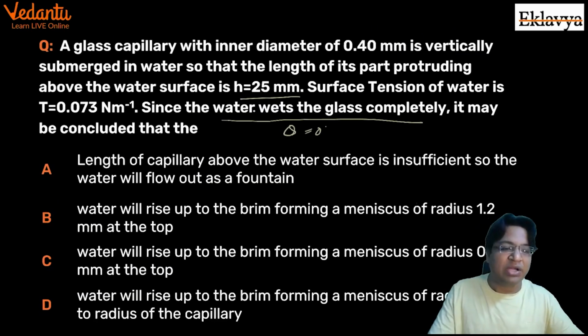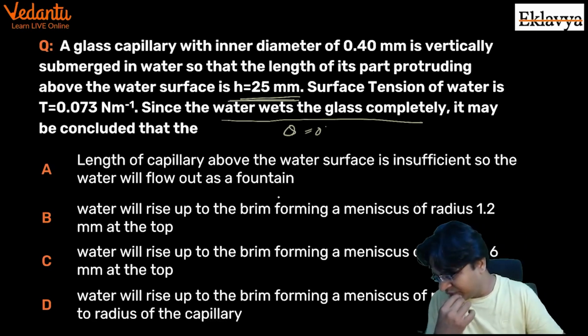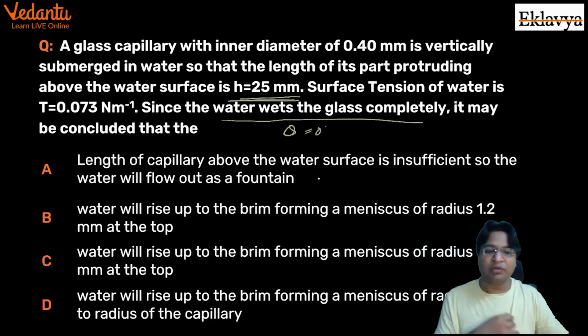All right. Now the part protruding is less, it is only 25. So let's read the options now. The length of the capillary above the water surface is insufficient for water to flow out. So that is correct. The length of the capillary is insufficient, so the water will flow out as a fountain.